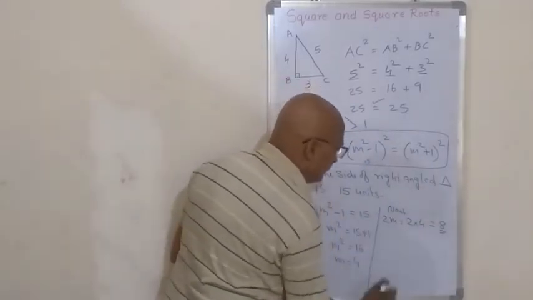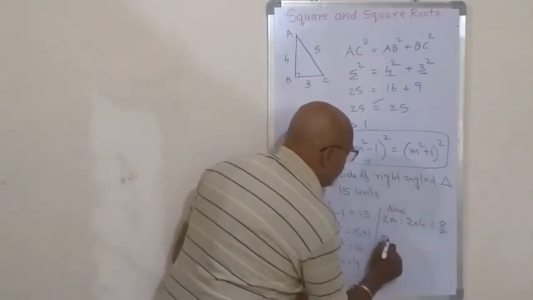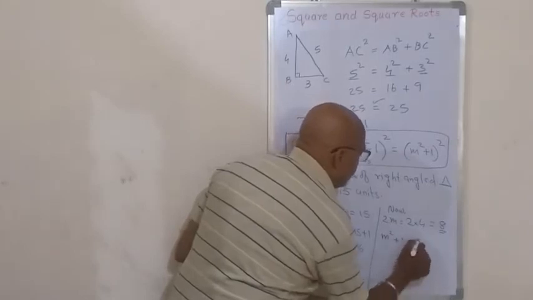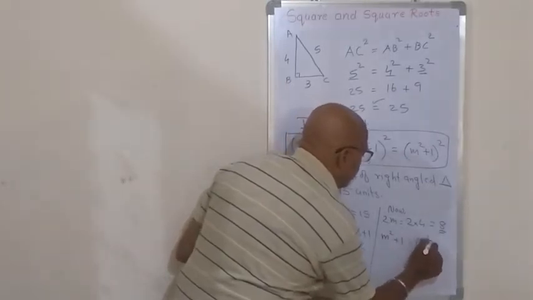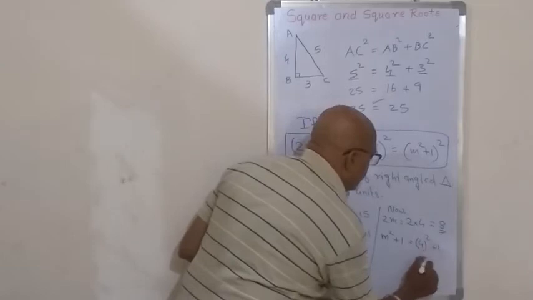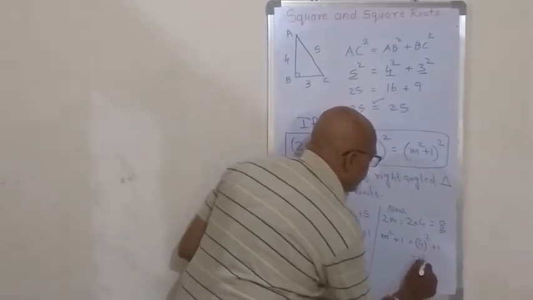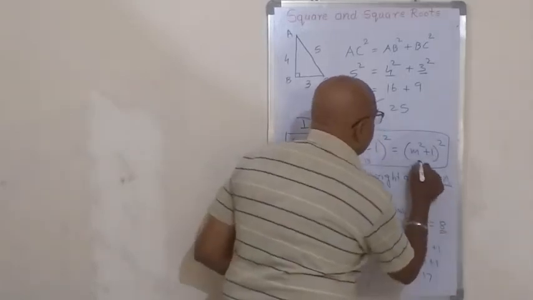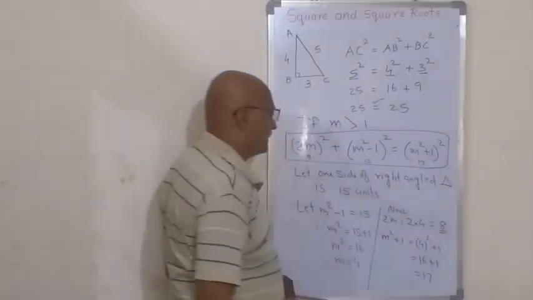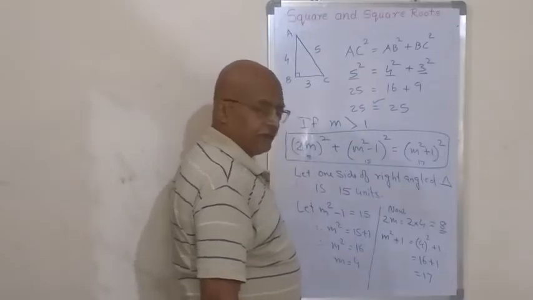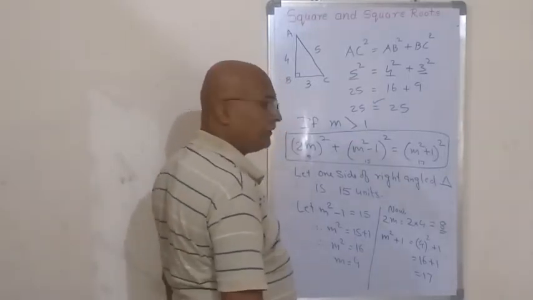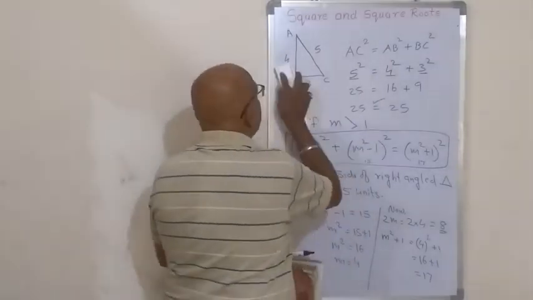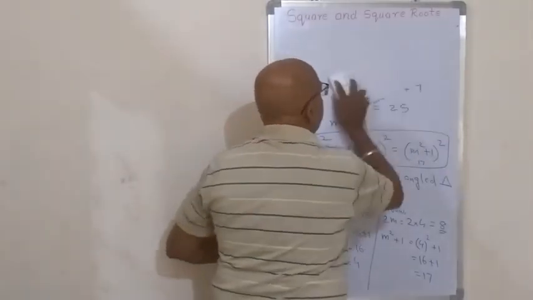And m square plus 1 equal to 4 square plus 1 equal to 16 plus 1 equal to 17. Now we have to tally it, whether we are right or wrong.